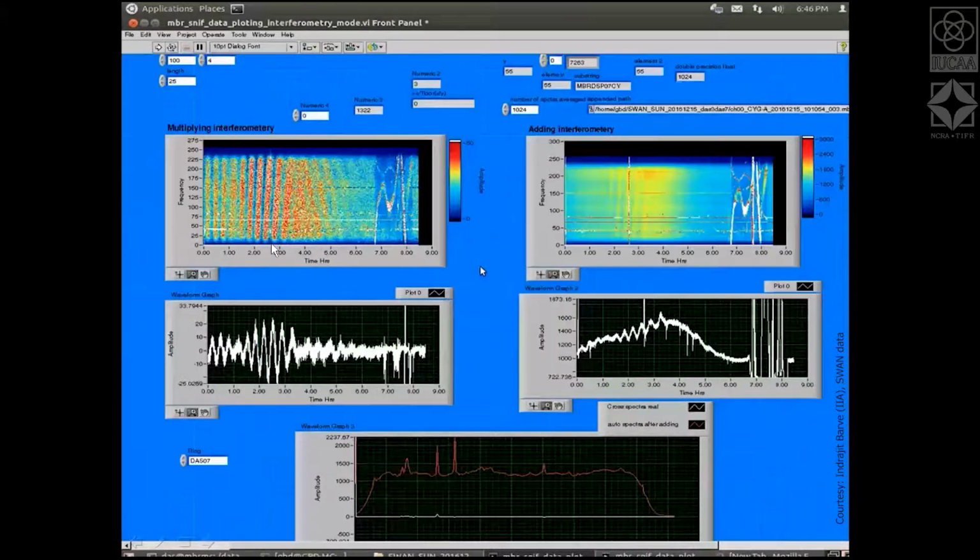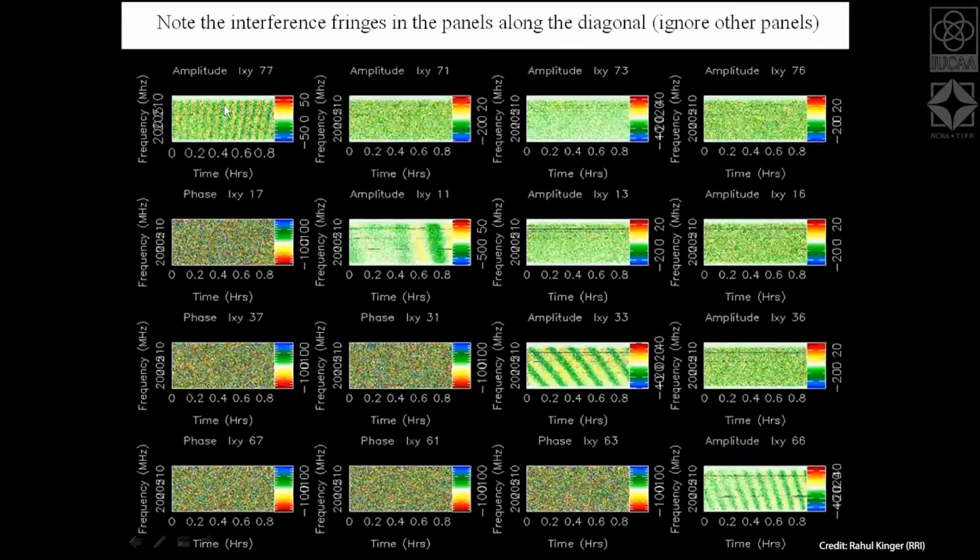So you might see a tilt of these fringes in what is called the dynamic spectrum, the frequency versus time diagram, where the equipment is kept looking up and the source is passing over it due to the Earth's rotation. You can see the fringes like this with smaller separation in time or in angle when the baseline length is long. You will find sparser fringes when the baseline separation is small.